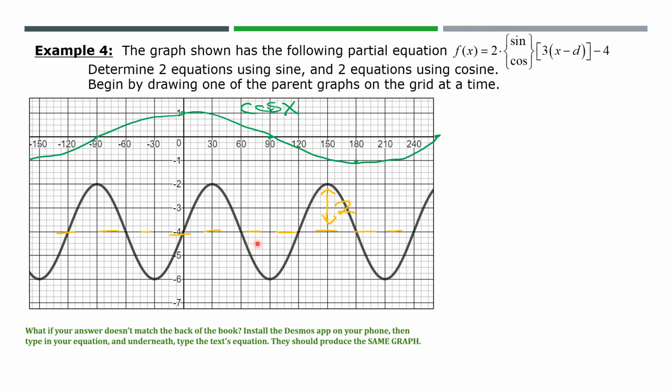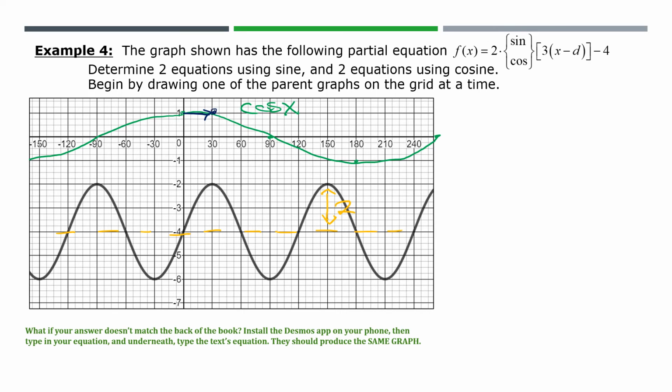We just need to come up with the d value. The parent function of cos has a y-intercept at a maximum. This one's y-intercept is not at a maximum. But my maximum is here. So what I'm going to say has happened, I've had all these other transformations, the 3, the -4, all these other things have happened, and this maximum has been pushed over to 30.